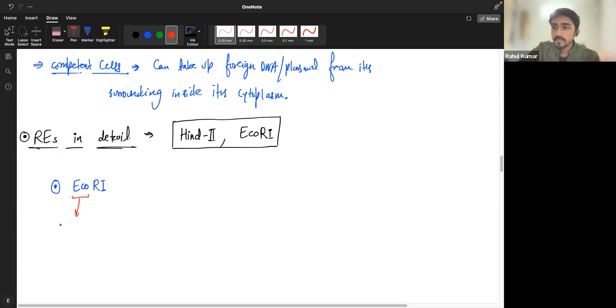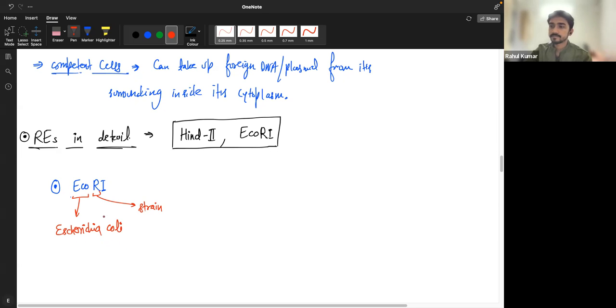What is the full form of E. coli? Escherichia coli. If you don't know, you should know it. It is the name of the bacteria from which this endonuclease has been derived or taken out. Now this R tells you about the strain, the R strain of E. coli.